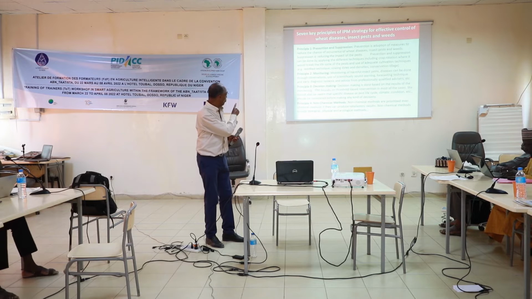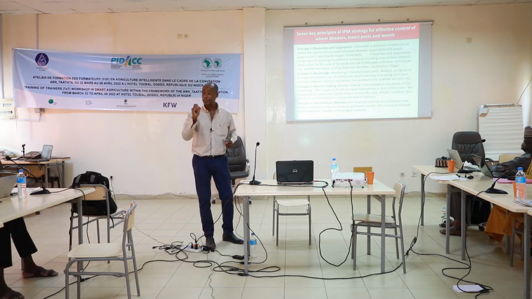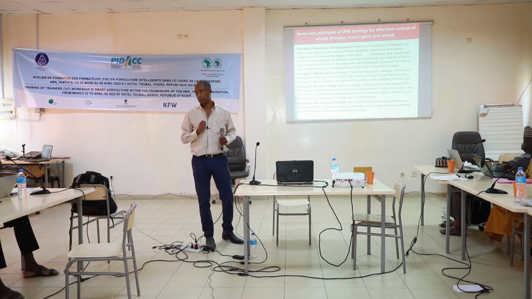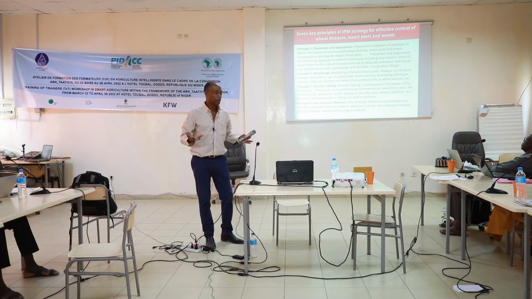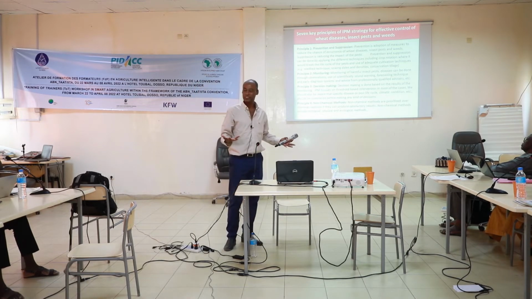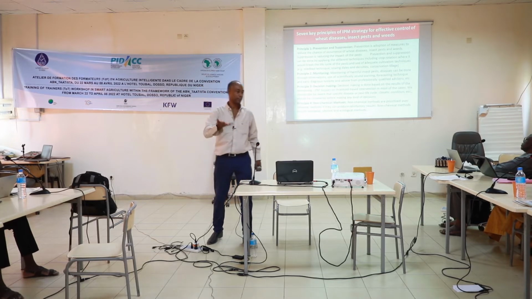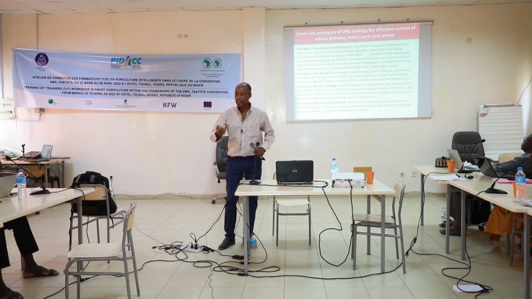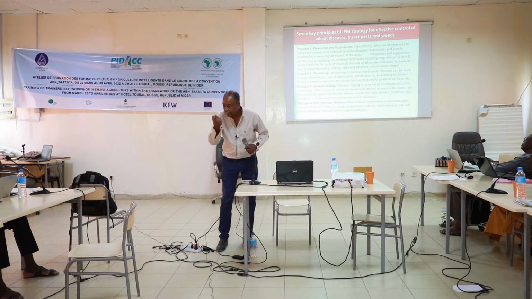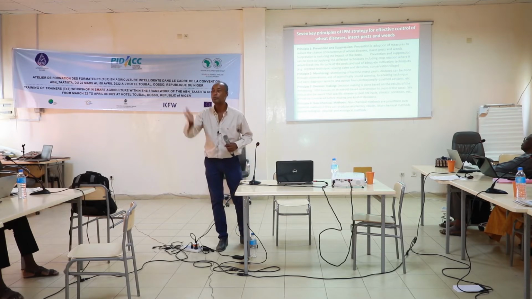And the second way of very good integrated pest management is monitoring. A good farmer, a good extension agent, should monitor the wheat field regularly. For example, if the disease starts at an early stage, controlling will be very easy.